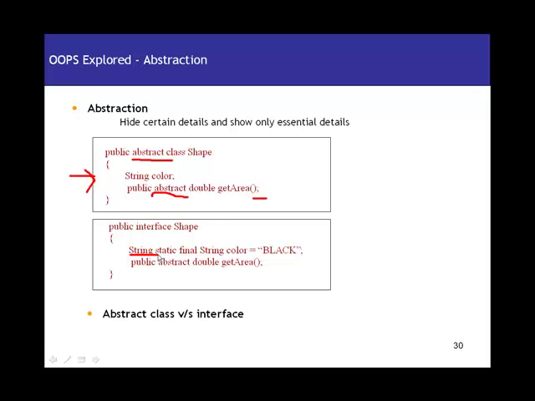One advantage of implementing interfaces is that you can implement a number of interfaces, and at the same time you can extend a class as well. We have a limitation in Java where you cannot have multiple inheritance, so a class cannot extend from two classes.